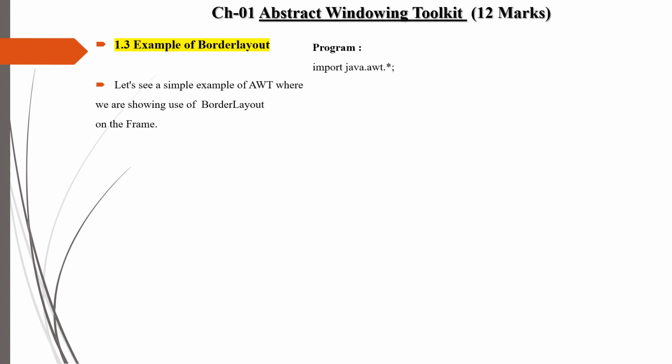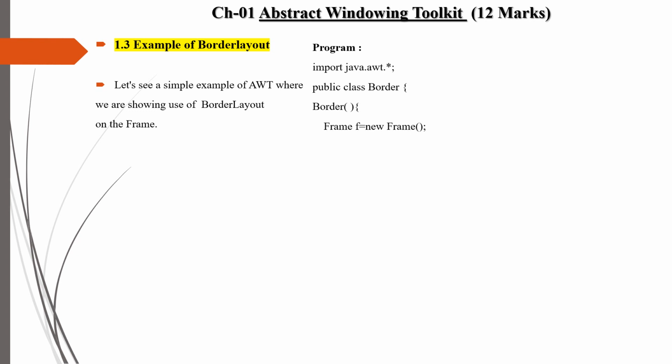Next we see the example of border layout. Let us see a simple example of AWT where we are showing the use of border layout in a frame. The code for this: first we import the java.awt package, then we create one class Border, then we create the constructor of the Border class.